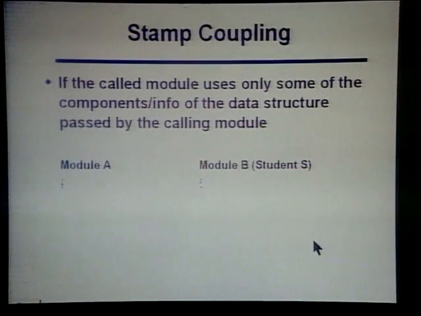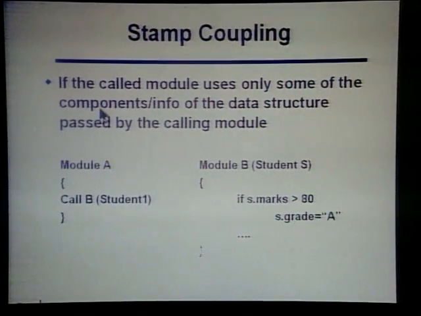The next type of coupling is called stamp coupling. Stamp coupling is defined as follows: if the called module uses only some of the components or information of the data structure passed by the calling module, then we say those two modules have stamp coupling. Here is one example.